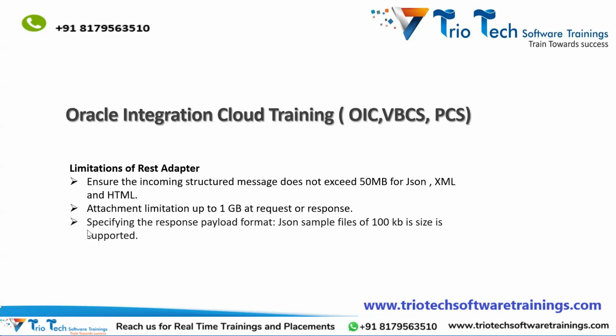And if you want to specify the response payload format in JSON files, inline or as a schema attachment, that file size should be 100 KB. I will show where we give this. So these are the limitations of the REST adapter, and while we are working on this, we have to keep in mind that if something fails, there can be an issue with the large size of the response we are getting from the third-party application.